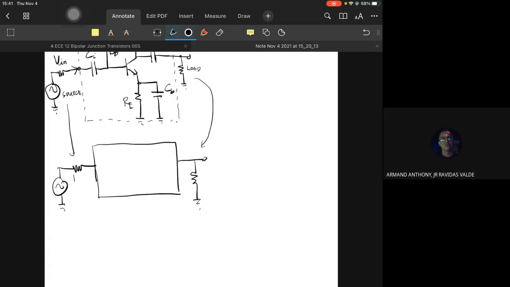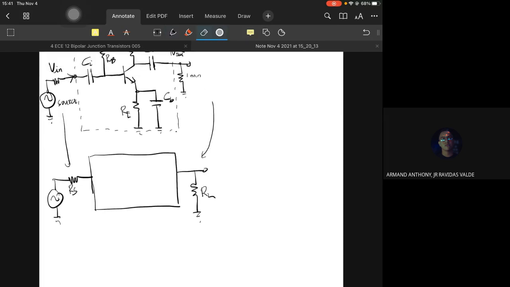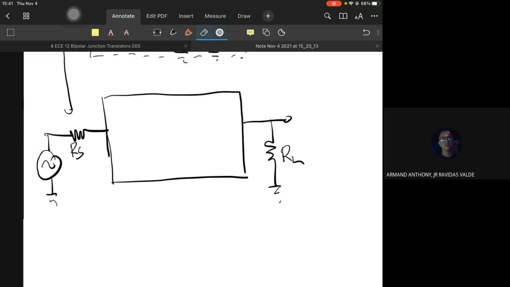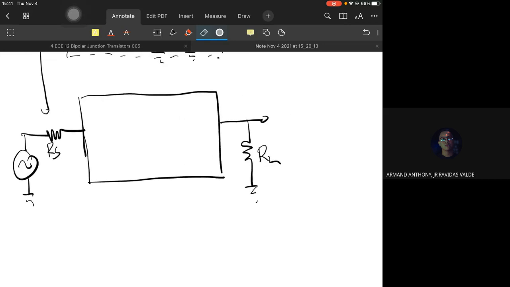So we have the source, the amplifier, and the load. This is the internal source resistance RS and this is the load RL. So the discussion of what type of biasing circuit this is would be very trivial.